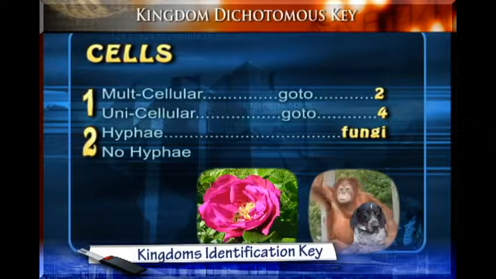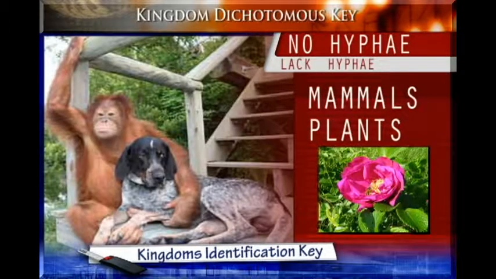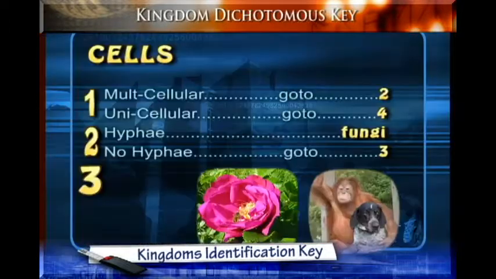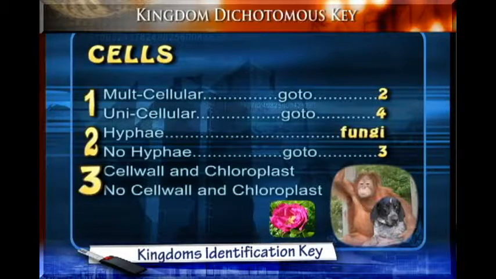And then for the animals and plants we say go to number 3. Now when we go to number 3, we are remaining with plants and animals. We pose a question: which one of the following has a cell wall and chloroplast, and which one of the following has no cell wall and chloroplast?